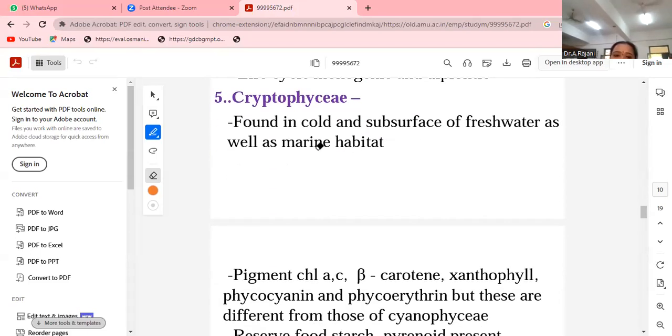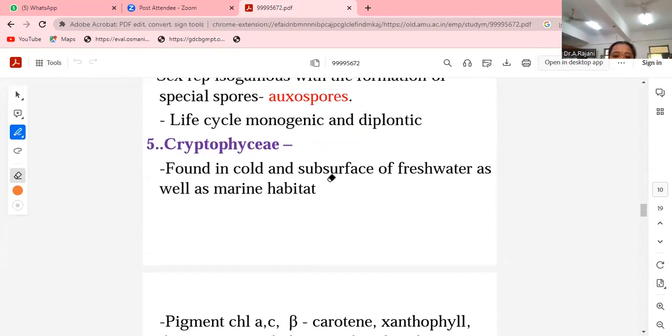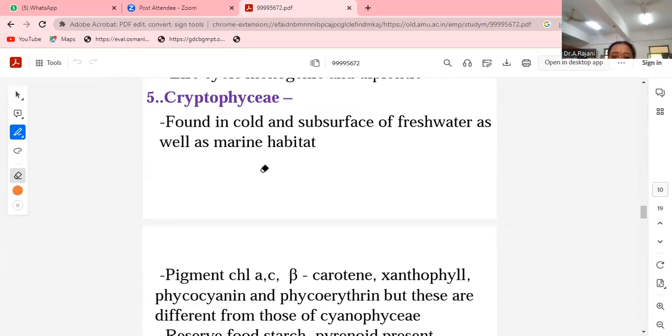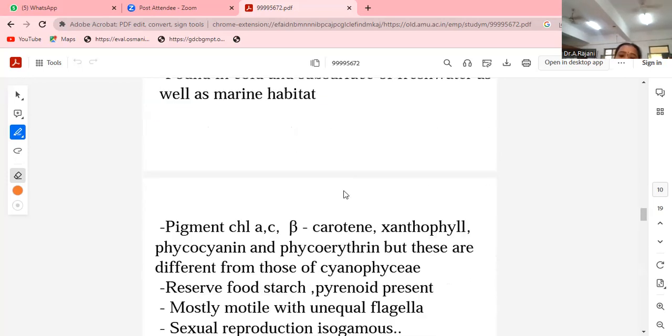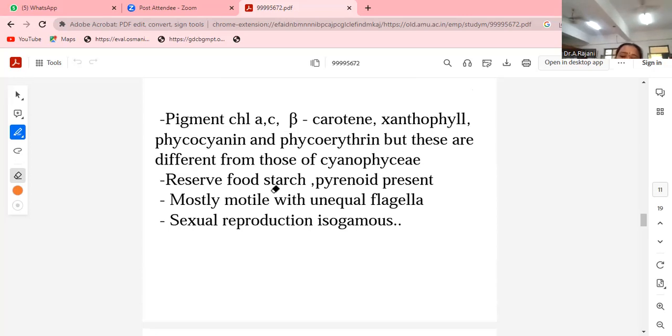Coming to the fifth one, Cryptophyceae, the fifth class. Cryptophyceae are nearly brown in color. These are found in freshwater and marine habitats also. The pigment system is chlorophyll A, C, beta carotene, xanthophylls, phycocyanin, and phycoerythrin, but these are different from the Cyanophyceae members. Phycocyanin and phycoerythrin are present in Phaeophyceae and Rhodophyceae, and here in Cryptophyceae these two are also present. The reserve food material is starch, and pyrenoids are also present.